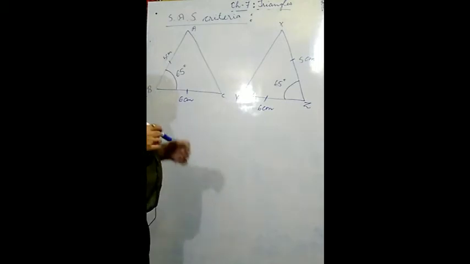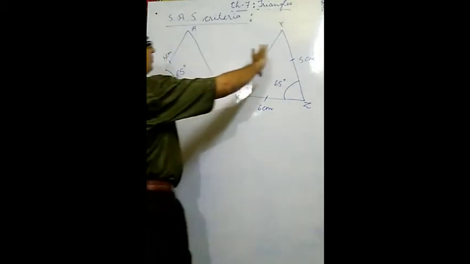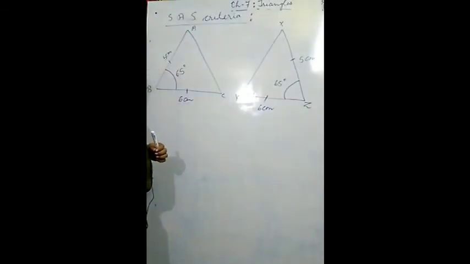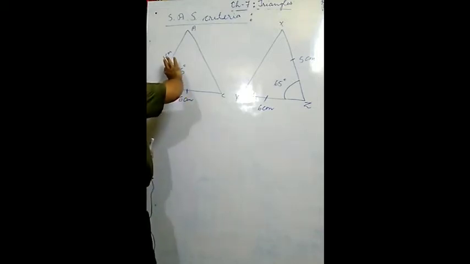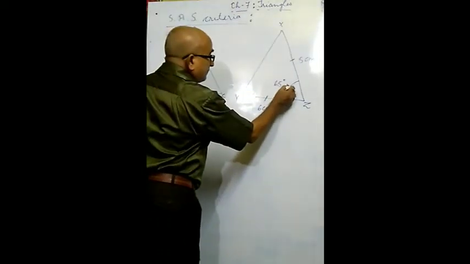You may observe here, first matching part: this 5 centimeter is equal to this 5 centimeter. It is quite visible. So what is the matching part here? Side is the matching part. Second, this 65 degrees is equal to this 65 degrees.